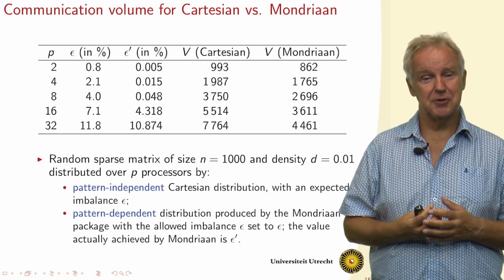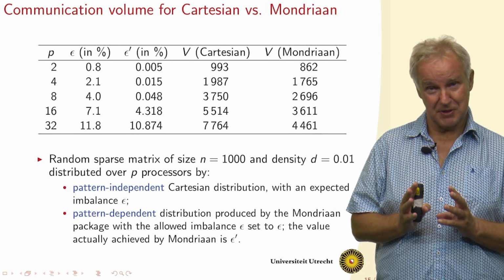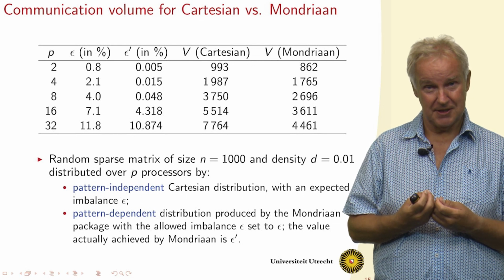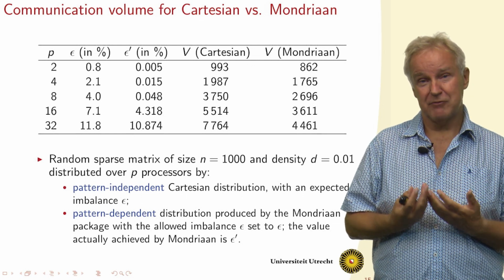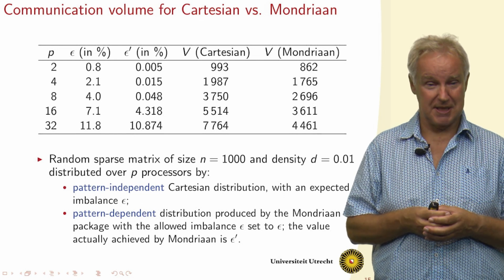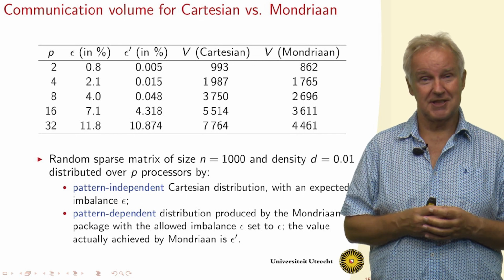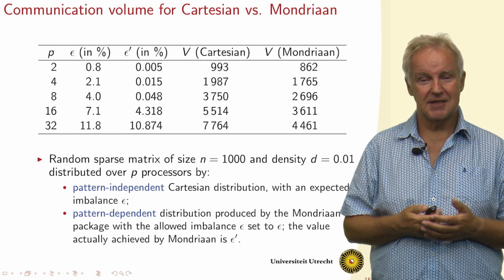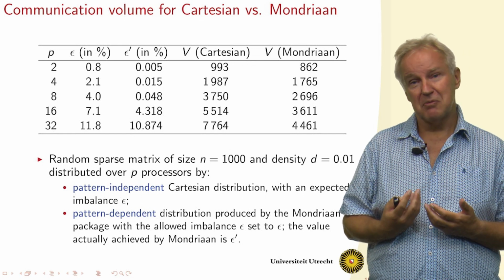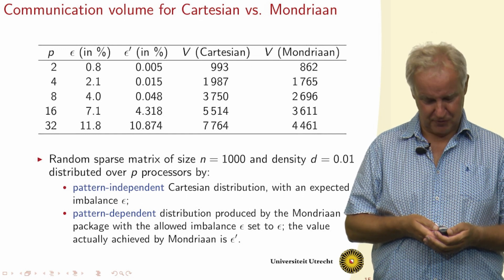Then we can also use the Mondriaan distribution, which takes the random sparse matrix and tailors a good distribution to it, and you have to specify from the beginning what epsilon is acceptable to you. There we take the same value as for the Cartesian distribution. And then you see that we reduce the communication volume by a factor of about 2. But still, there's a lot of communication here.